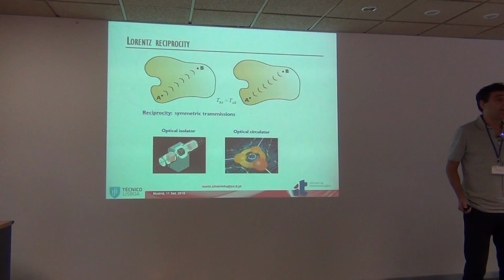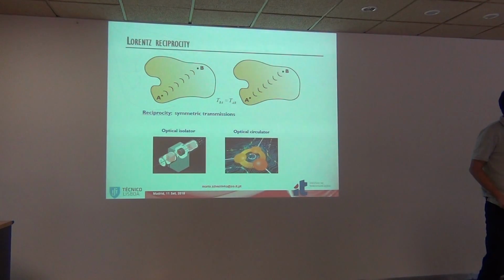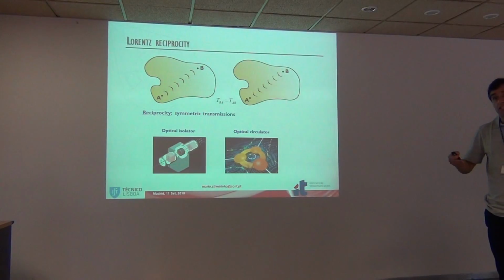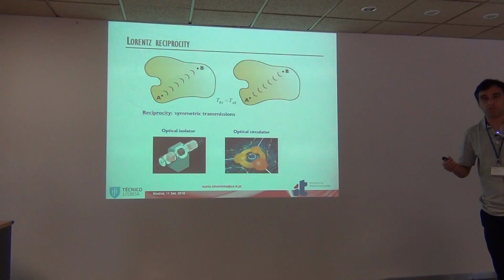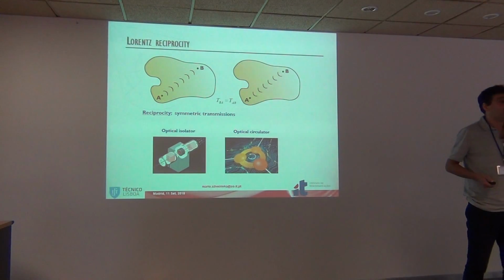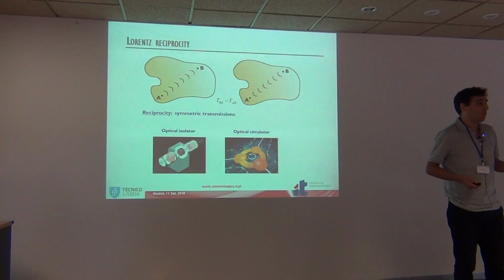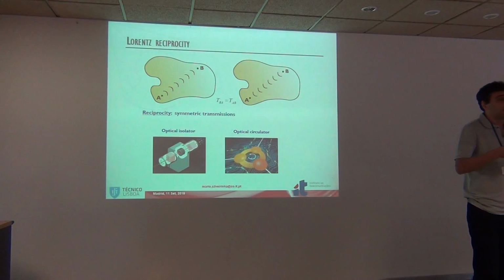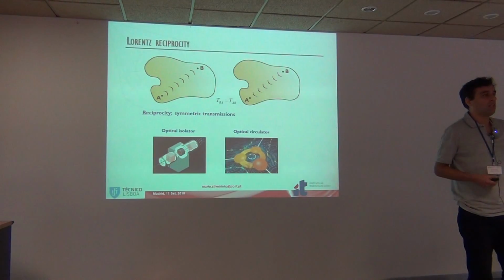Now, the problem with this typical solution is that, first of all, the biasing circuit that provides this magnetic field can be very bulky, so it can occupy a lot of space. Of course, people don't like this. It's difficult to integrate with modern technologies. And also, these systems tend to be very long, because the non-reciprocal effects at optics are quite weak.